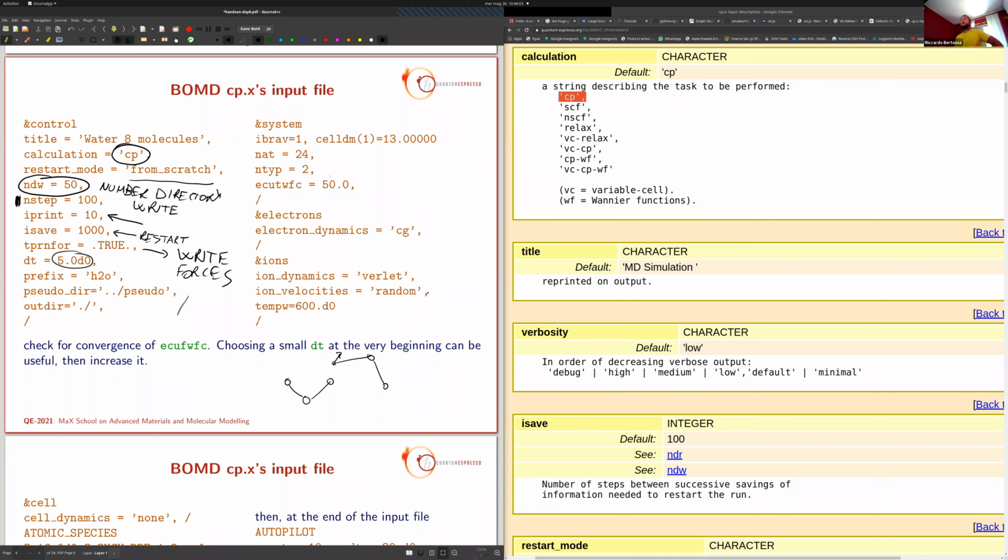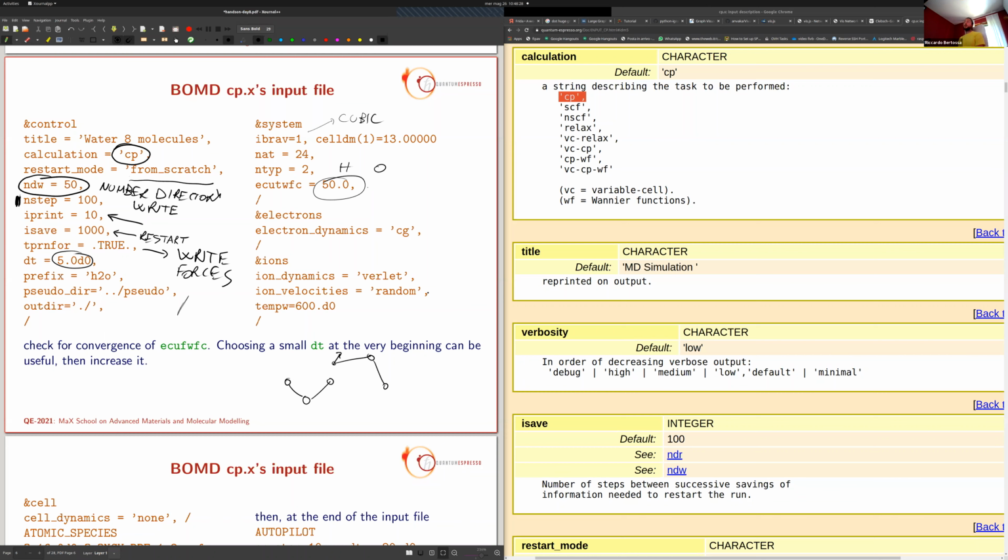This is standard. Then we are using a cubic system with a size of 13 Bohr radii. We will have 24 atoms, hydrogens and oxygens. The cutoff you have to converge as in the previous exercises.